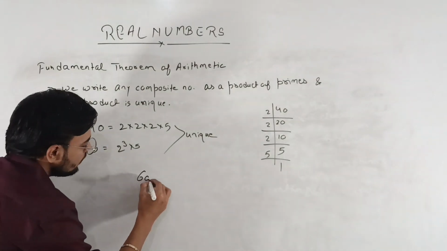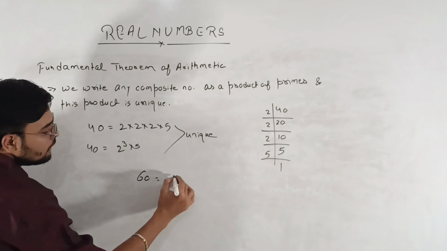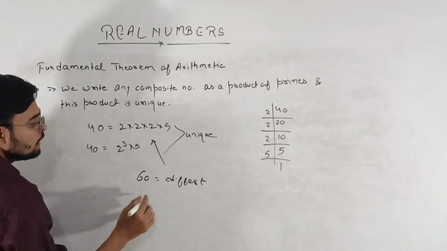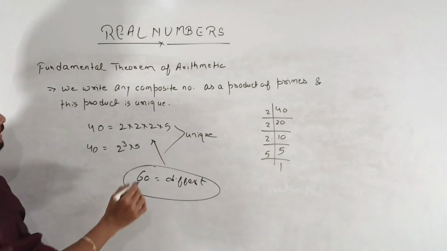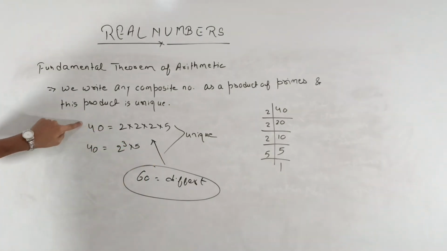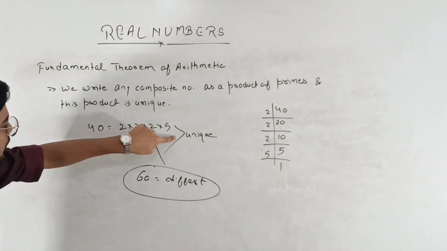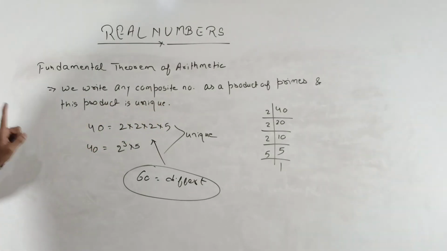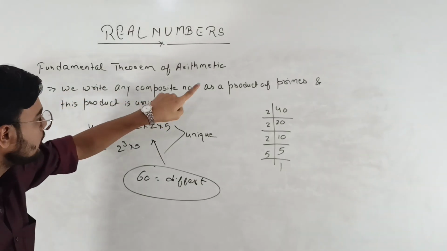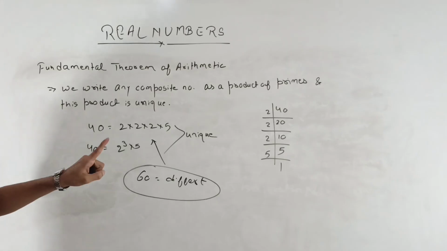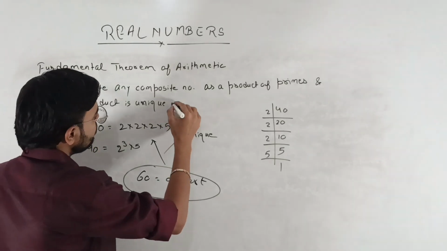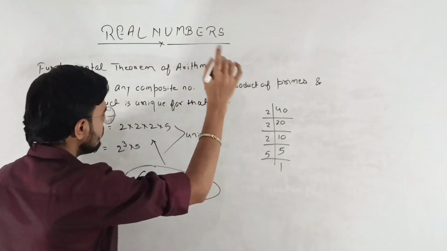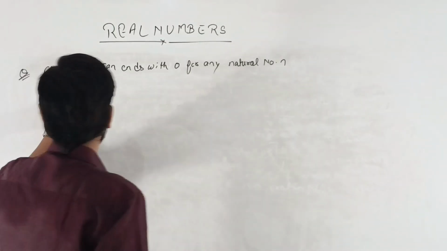Suppose I have 60, then the product of primes for 60 is something totally different. This product of primes is only available for 40, not for any other number. This is the fundamental theorem of arithmetic: we write any composite number as a product of primes, and this product is unique for that number. Understood?